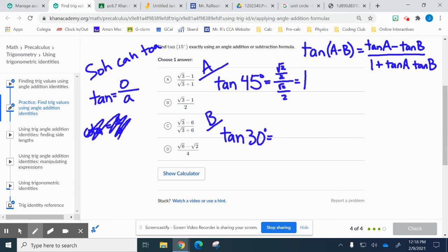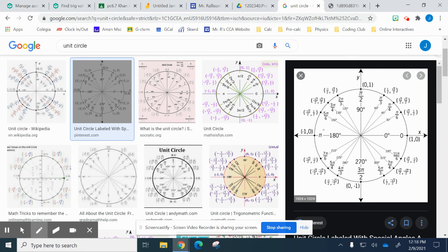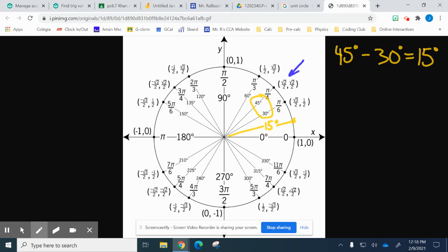So the tangent of 30 degrees is the opposite over the adjacent, and on the unit circle, it's going to be the y coordinate over the x coordinate. So we'll go to the unit circle. The y coordinate over the x coordinate, because that's the x and that's the y, right?